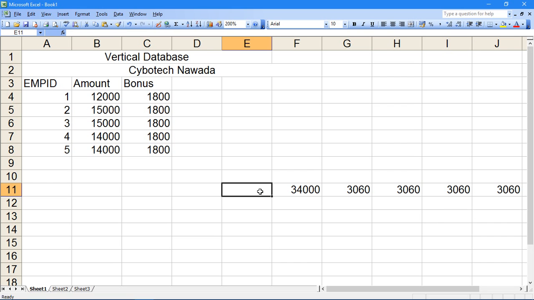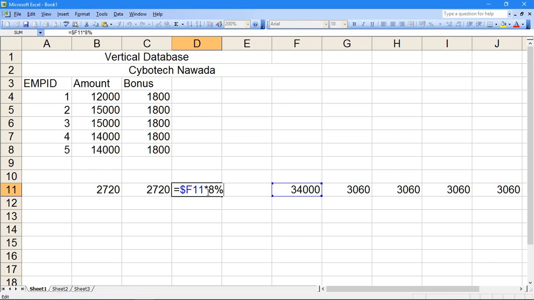Suppose here I am writing $F11 into 8%. Okay, now I am copying it in the leftward direction. What happens? Originally it was F11.